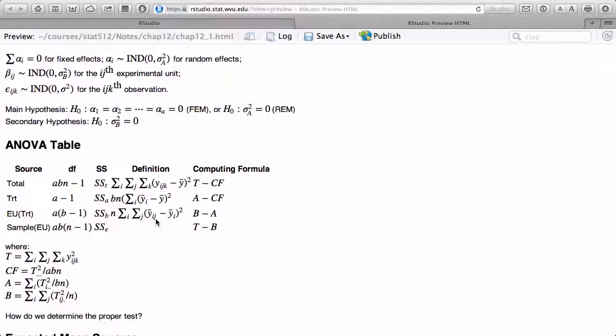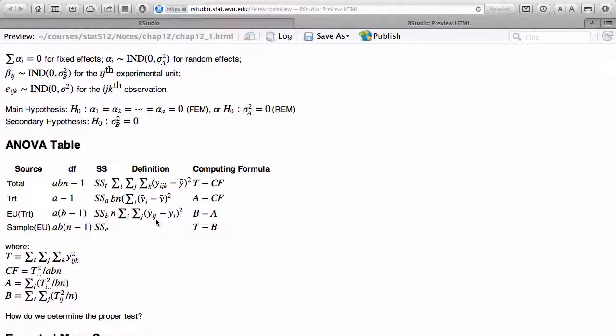The total sum of squares is just the y ijk minus the grand mean, squared, over everything. There are computing formulas: t minus the correction factor, a minus the correction factor, b minus a, and t minus b, in order to get all of these quantities, where the t and the cf are defined below.